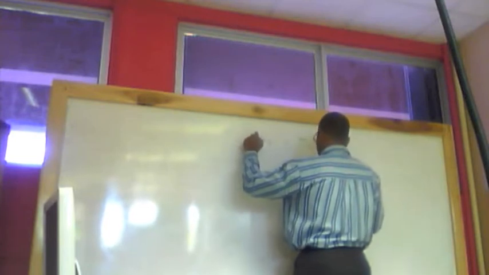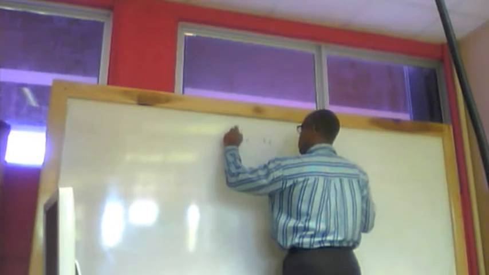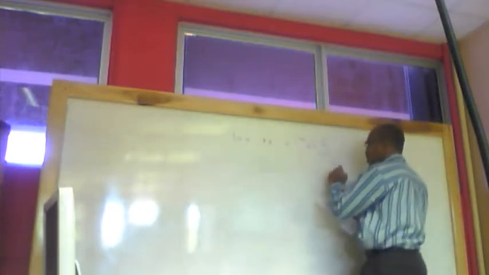So, we're asked to simplify this expression for 0 to n. Now, if we're simplifying that, any ideas what the first step would be?